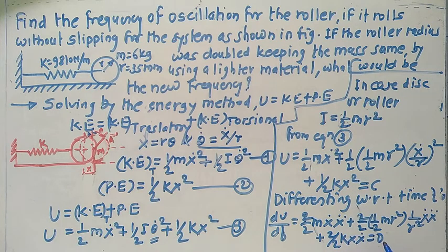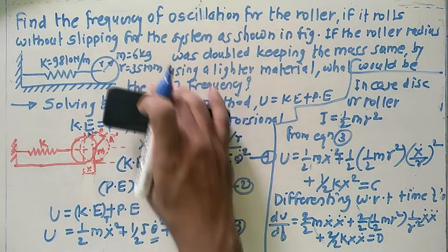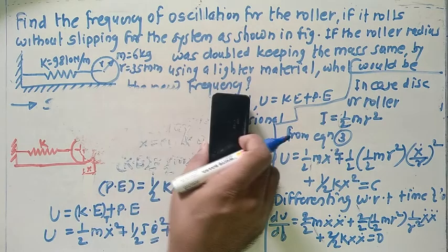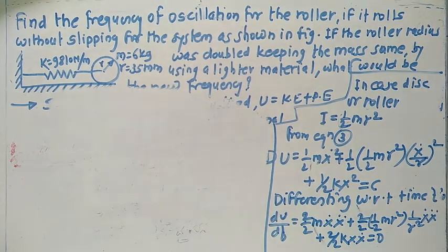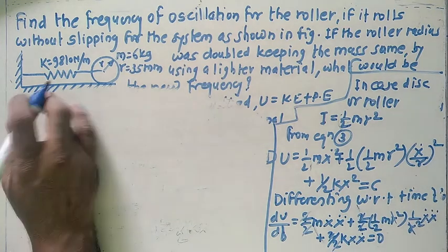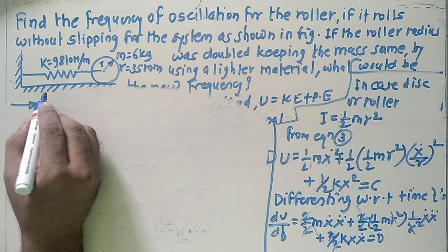Now what is the next step? Here the 2 gets cancelled, and the r square also gets cancelled. From all the terms, first of all take x dot as common.